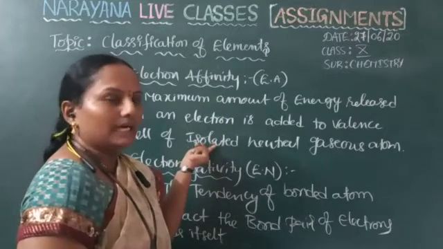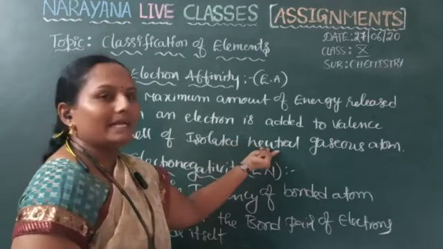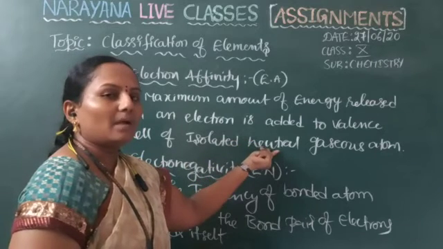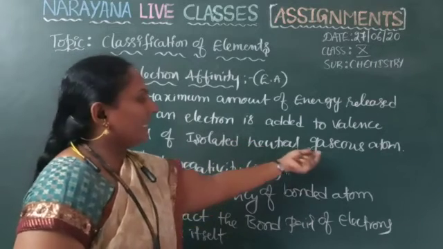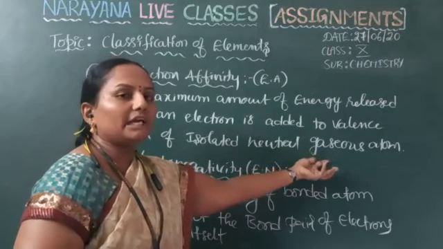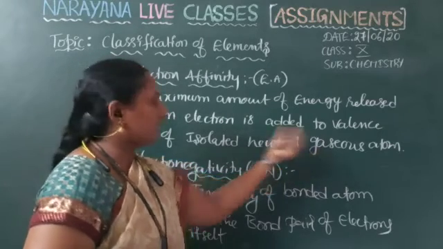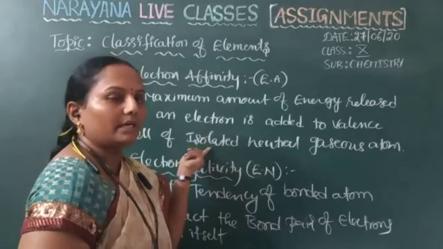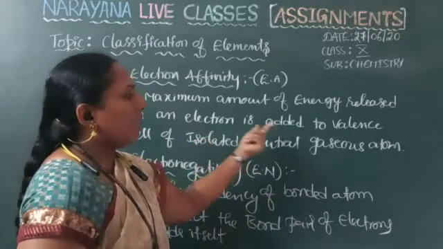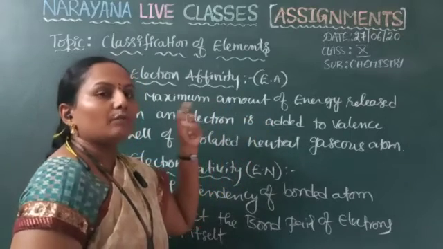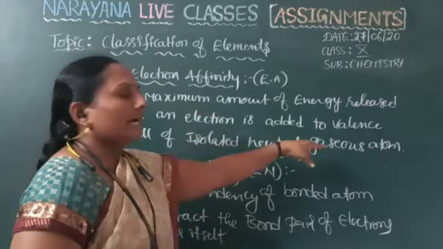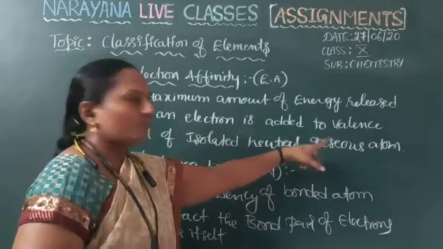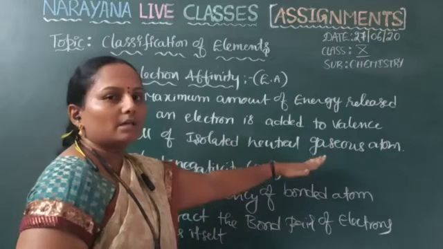unique, whereas neutral means it should have an equal number of electrons and protons. In the gaseous state only is there a chance for the atom to exist in its native, isolated position. So whether it is a solid element, we have to convert it into the gaseous state by heating, by subliming, whatever process we apply.